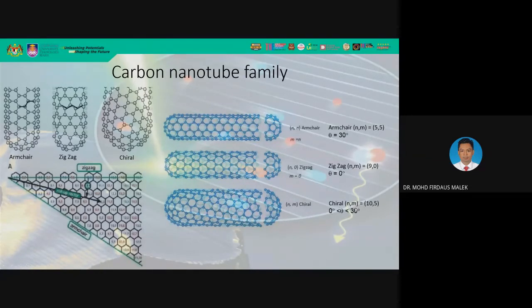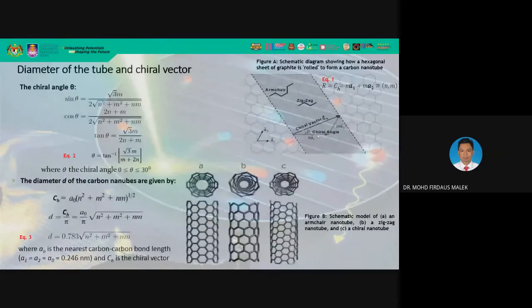For chiral, the integers will be different. So this is the value of theta. If this is your carbon nanotube, this is your chiral vector, and these are your integers. This is the chiral angle.